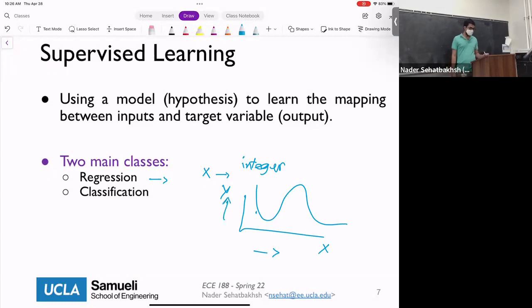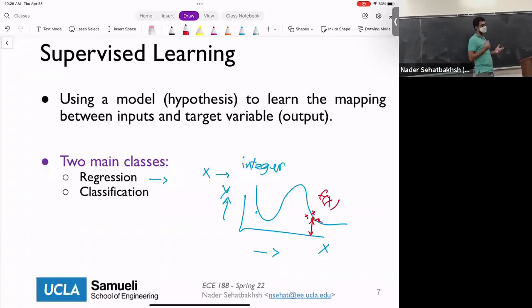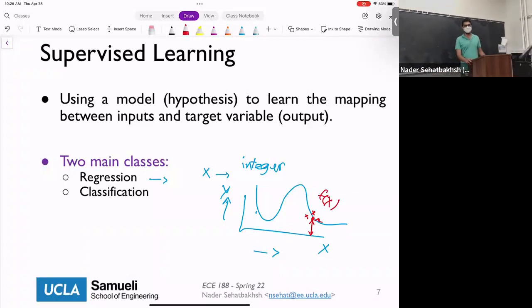And what you want to do is find a model that accurately predicts all the points. So if you have a new point, let's say here, obviously you don't know the exact distribution, so your hope is that you can accurately find f(x), which hopefully will be somewhere near here, all right? So generally regression is this problem of finding the output value that is closest to some continuous distribution.